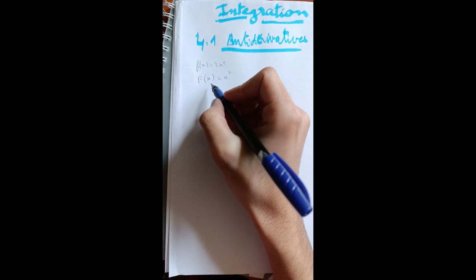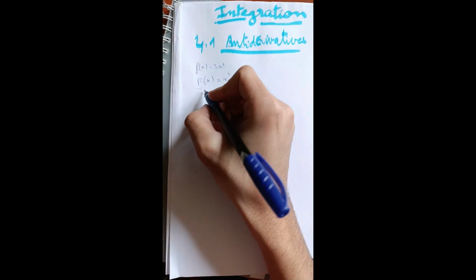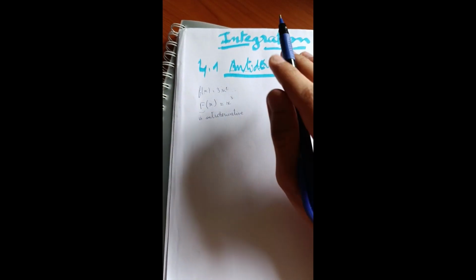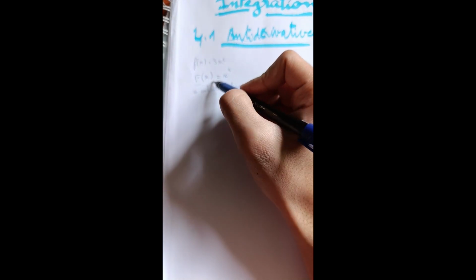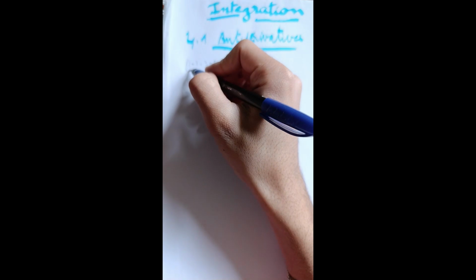That's why we say that F is an antiderivative. Generally speaking, we say that a function F is an antiderivative of f on an interval I when F prime of x, which is the derivative of this, gives us f of x.